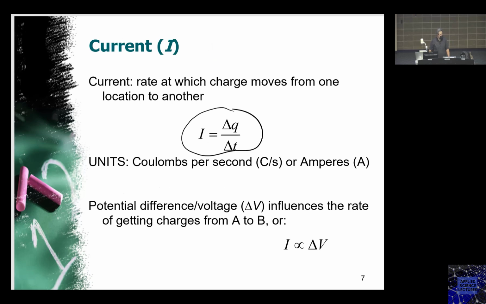The current, the time rate of charge flow, is the amount of charge that flows per time unit. And here we have coulombs per second, the amount of charge that flows per second. The unit for the current is amperes.